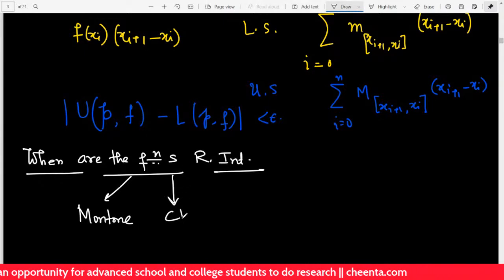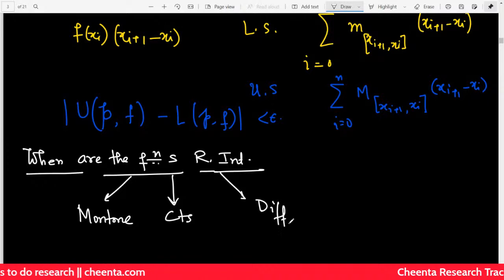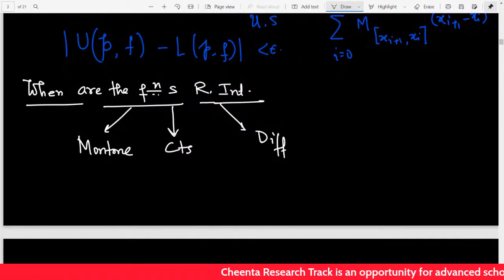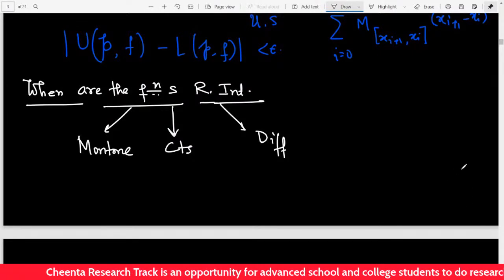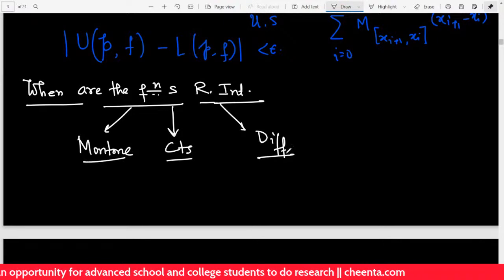Second, continuous functions: if it is continuous, then it is integrable. Third, of course, differentiable functions. If it is differentiable, then by the fundamental theorem of calculus, you can point out the Riemann integral. So these are the main three kinds of functions that are Riemann integrable.